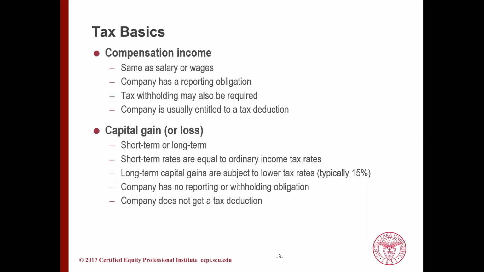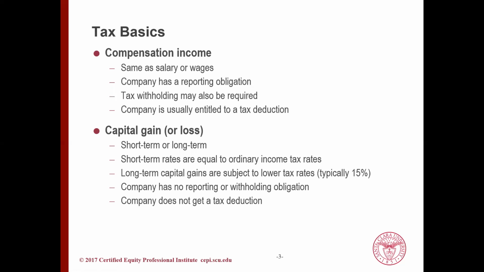Thanks, Pam. Let's start by talking about how people earn money with respect to equity compensation. There are two components, compensation income and capital gain or loss. Compensation income is similar to wages or ordinary income. An example of compensation income is when you exercise a non-qualified stock option.